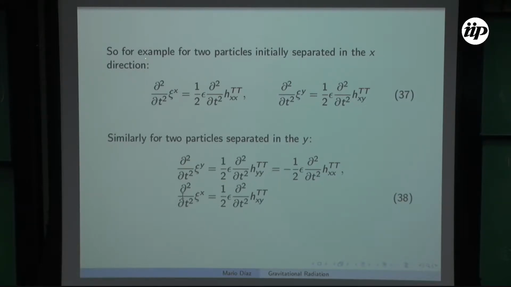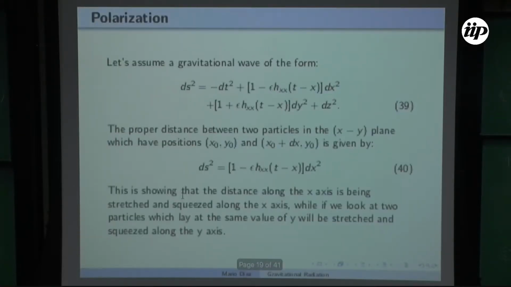So if we had the two particles separated in the x direction by this quantity, then these are the equations that hold. And similarly, we're going to get the same result in the y direction, the plane perpendicular to the direction of propagation of the wave.